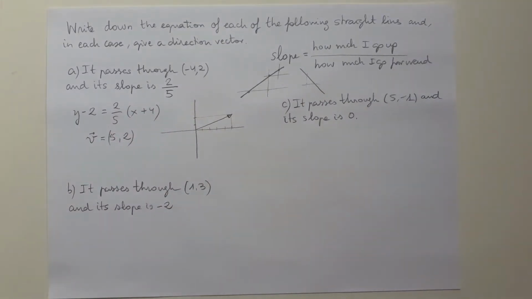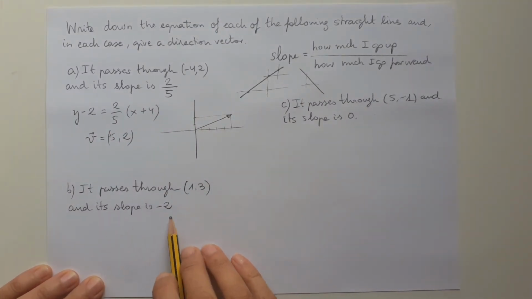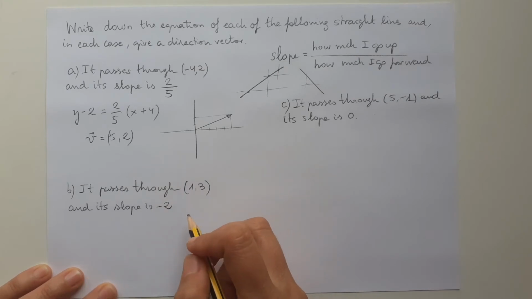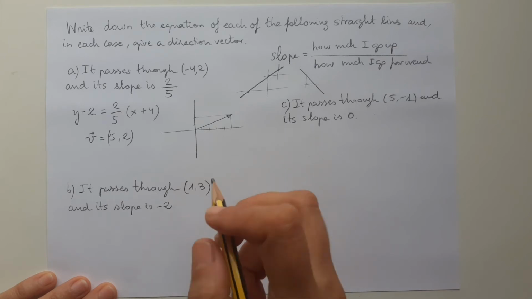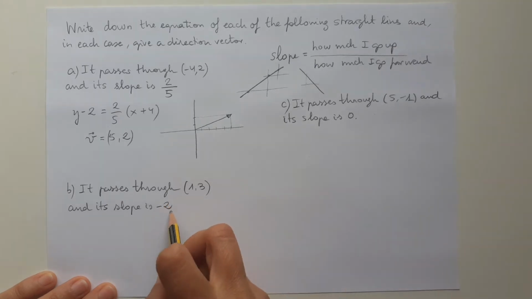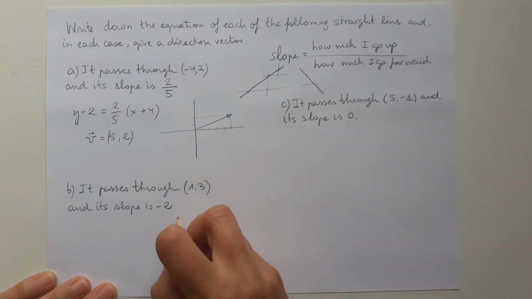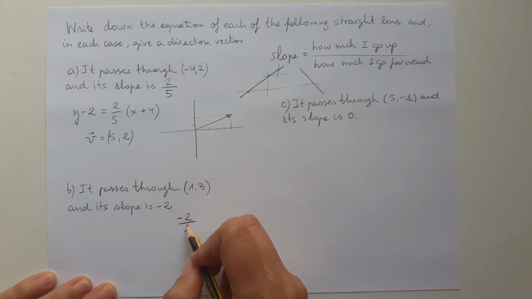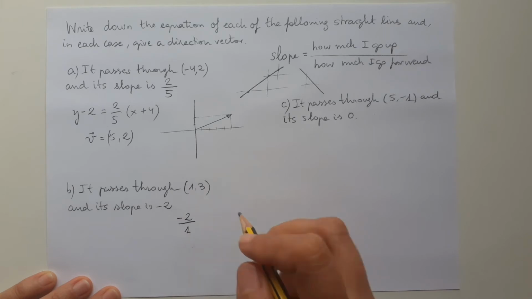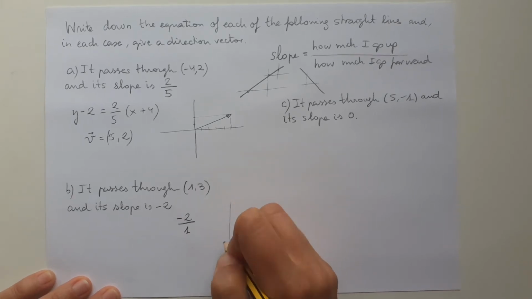Let's move to the next line. The slope now is -2, and it is how much I go up over how much I go forward. Since we don't have a fraction here as a slope, it doesn't matter because this is the same as this. We can transform this very easily into a fraction. So let's graph this situation.